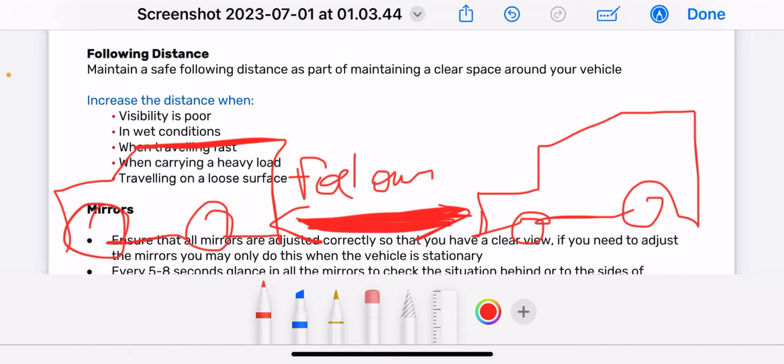You must keep a significant space here, so that should vehicle A suddenly stop, you are able to also stop as vehicle B without having to swerve. Swerving means to drive past the vehicle abruptly.